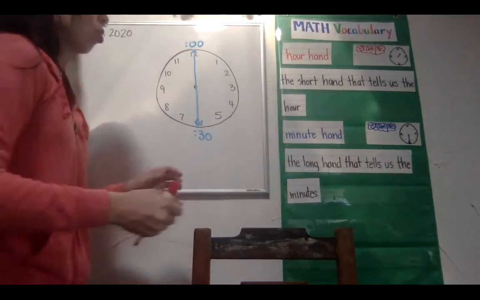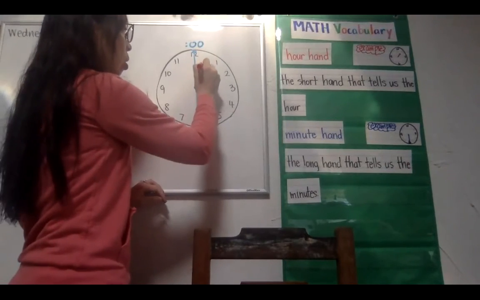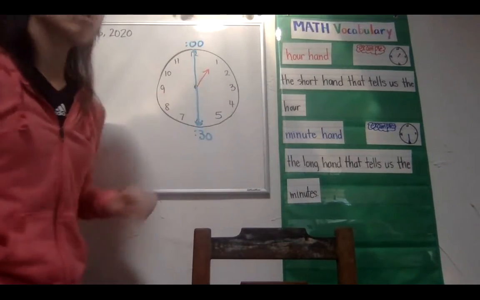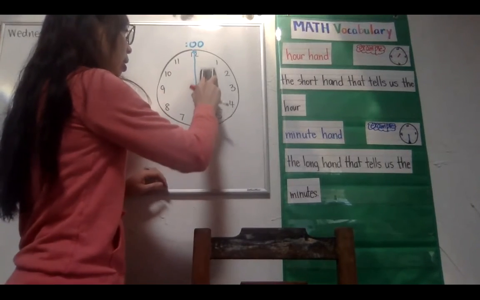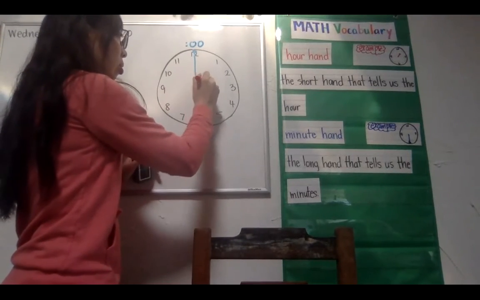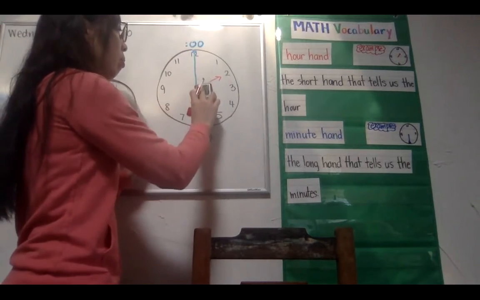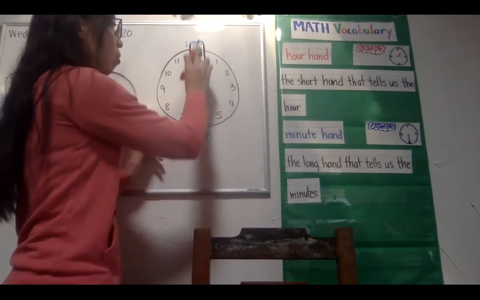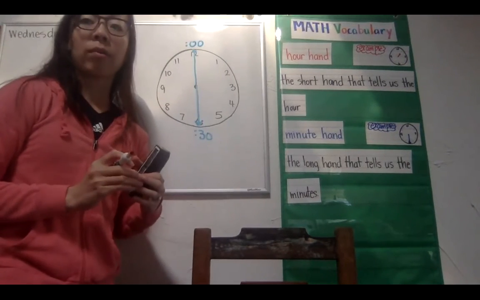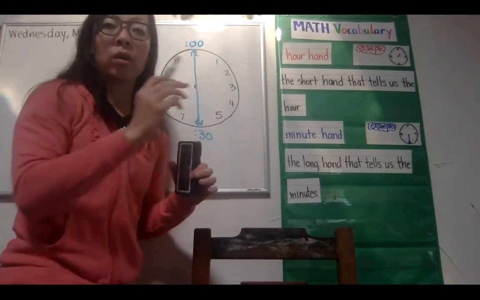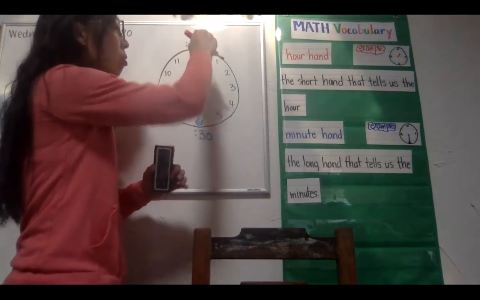So whatever the hour hand points to, whether it points to the 1, and we say 1 o'clock, or it can point at the 2, so we say 2 o'clock. Whenever the minute hand is right on the 12, that's a brand new hour. So we're going to be calling that o'clock, and we write it as 00.